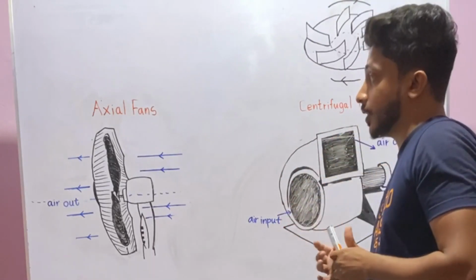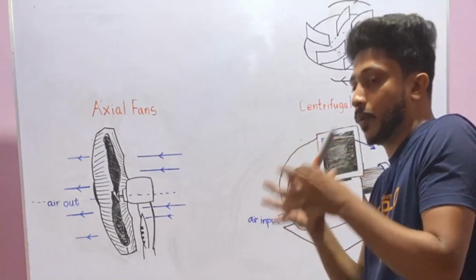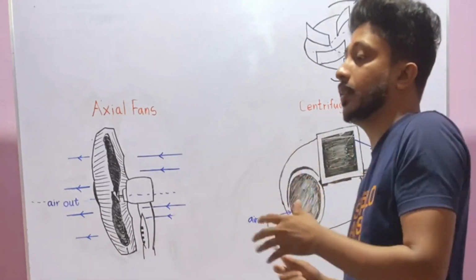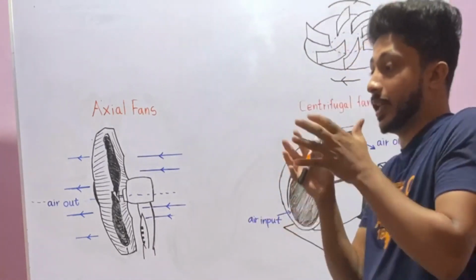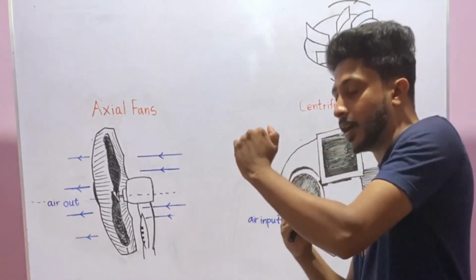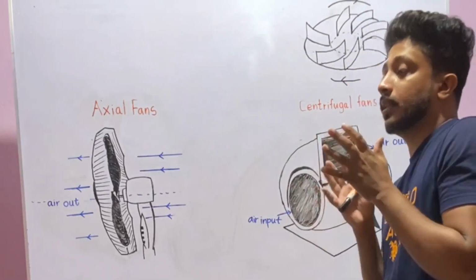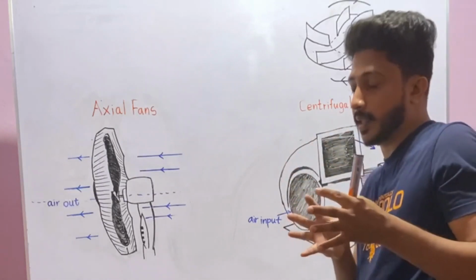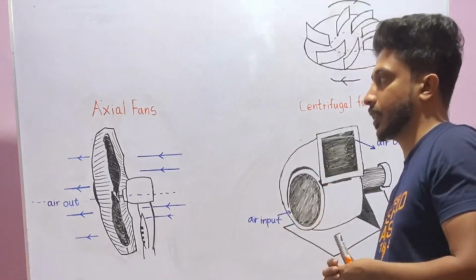But if we consider fans and blowers, at the delivery end the energy of the air is mostly in the form of velocity, less in pressure.